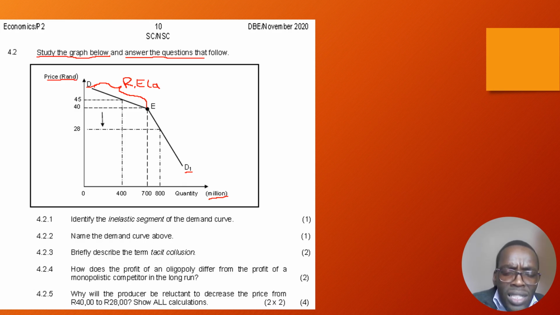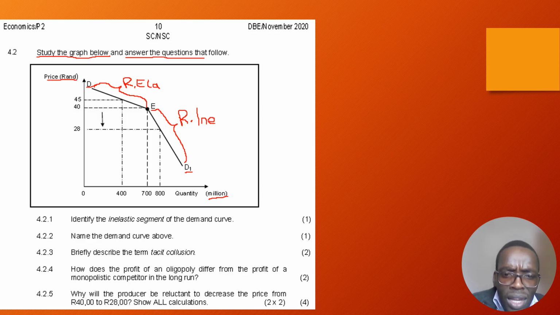I will just write relatively elastic there, and then this bottom part here now represents what is called relatively inelastic demand.